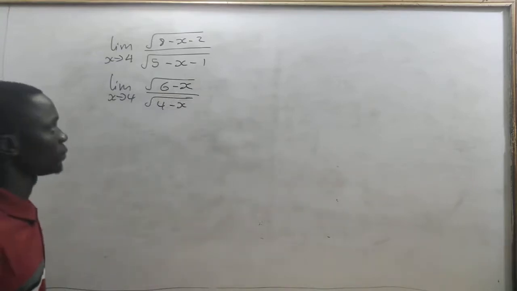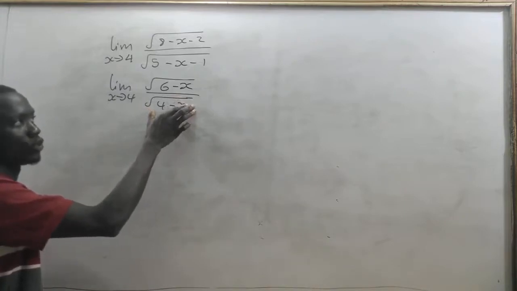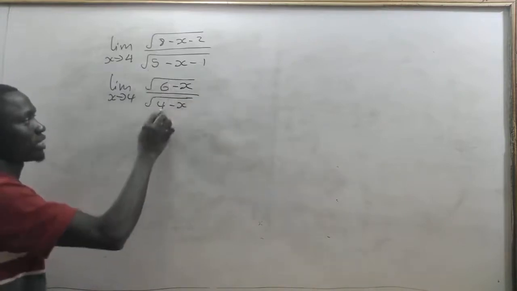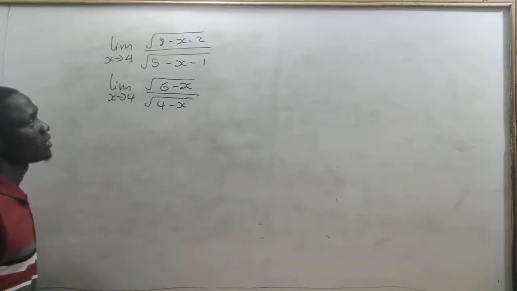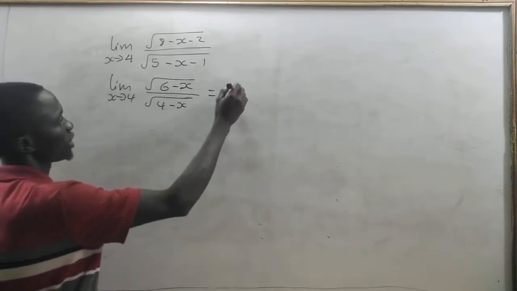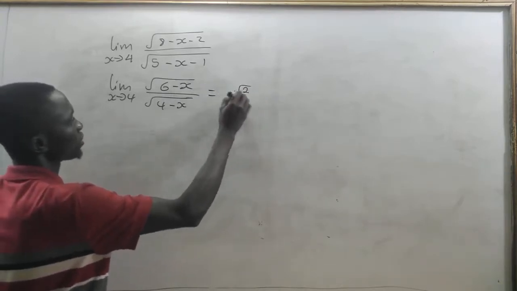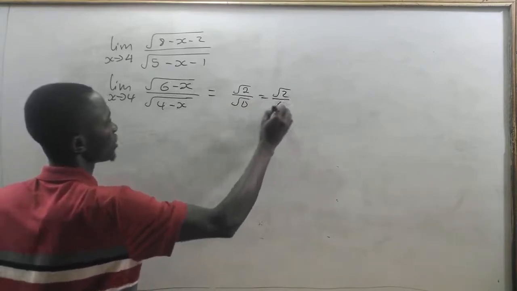Now here what do we do? If we rationalize the denominator, we will still get 4 minus x. So here, if we put in x equal to 4, we see that we are going to get square root of 2 divided by square root of 0, and that will be square root of 2 on 0.